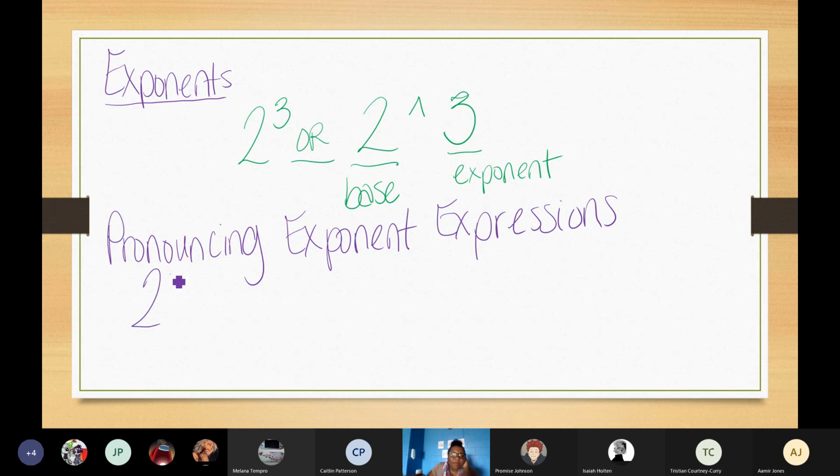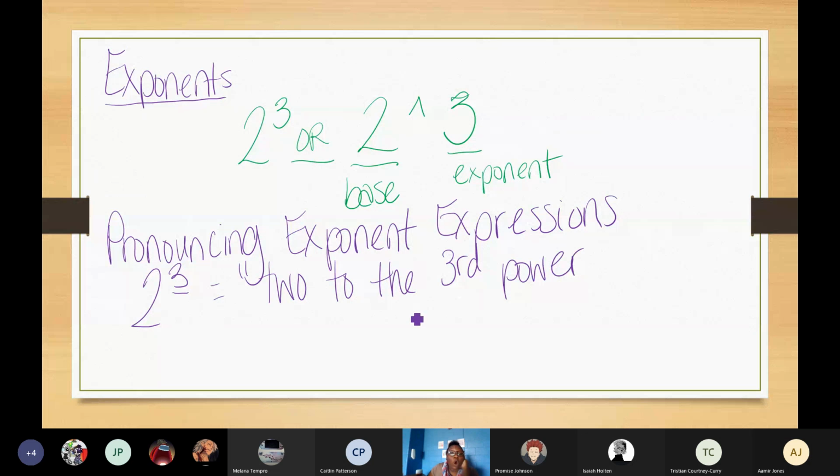Whenever I see 2 to the third power, whenever 3 is my exponent, I could say, and you do need to write this out, guys, 2 to the third power, or 2 cubed.